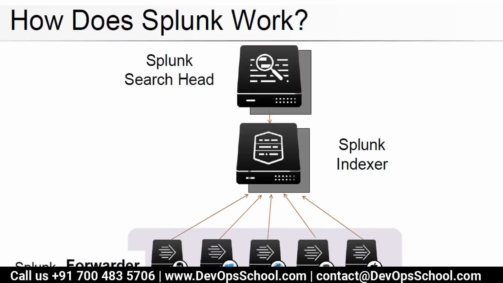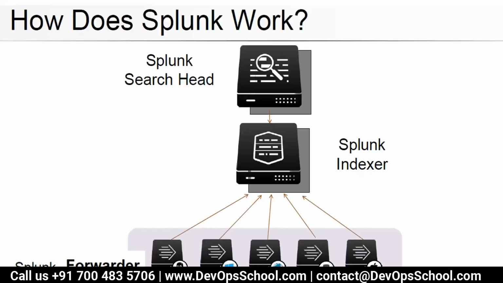One of the forwarders is called the universal forwarder. This universal forwarder is a very lightweight application. Lightweight, in IT terms, means it won't take much RAM or CPU usage.